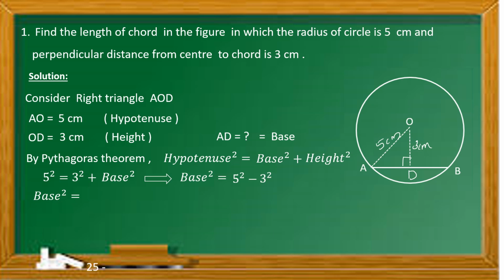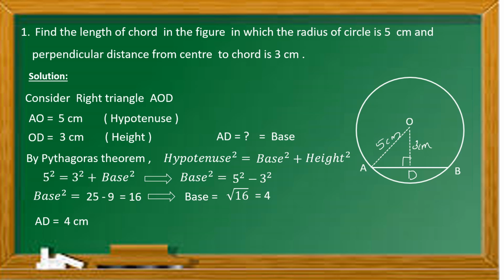And that is 25 minus 9. And what is 25 minus 9? Yes, it's 16. So, base square is 16. What will be base? Square root of 16. And that is 4 centimeter, isn't it? So we got the base as 4 centimeter. That is AD is 4 centimeter.